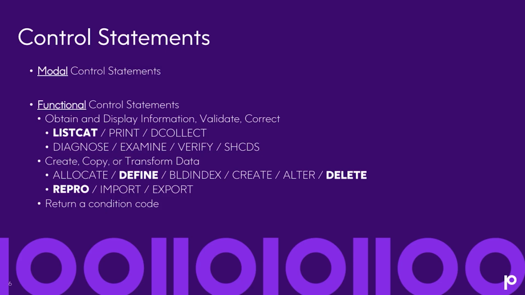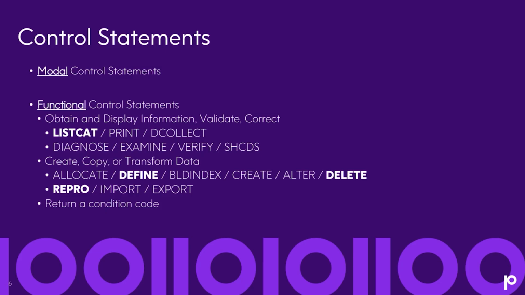There are also functional control statements that allow us to actually do something with data sets, to create data sets or copy them or somehow change them in some way. There are a lot of these, ALLOCATE for non-VSAM data sets, but primarily the DEFINE control statement is what one thinks of when one's dealing with IDCAMS. Probably the most common use of IDCAMS is to define VSAM clusters, but there are many other things we can define, and we can also alter them.